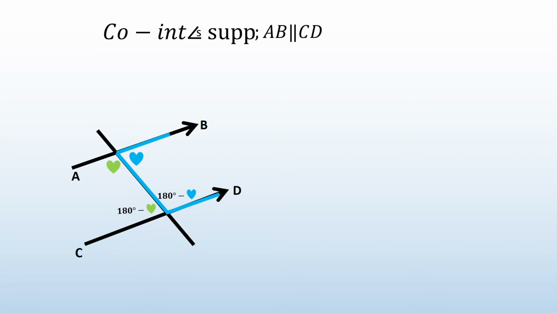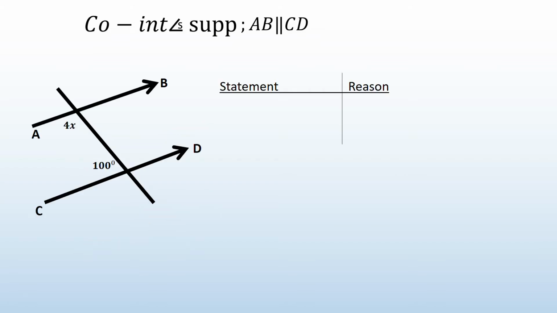Let's do an example. Please copy this example down. I can see that these 2 are inside my parallel lines, on the same side of the transversal line, and they form a U shape. So I can say that they add up to 180 degrees. So 100 plus 4x equals 180 degrees.